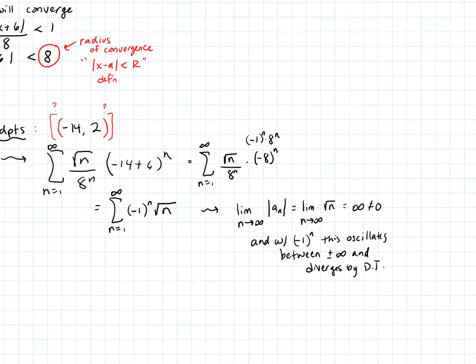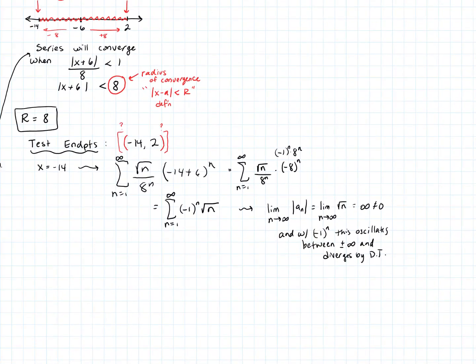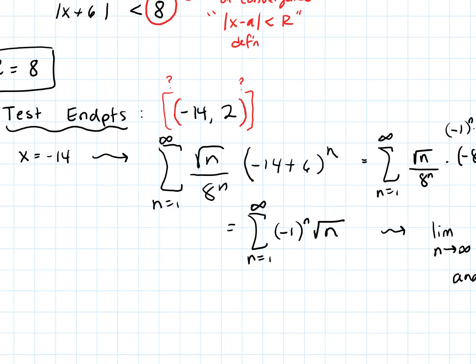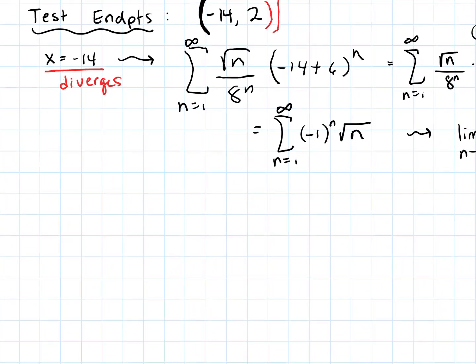So we're utilizing what we found in infinite series for our test here to show that this diverges. So what that means is I can now come back up to my interval of convergence, and this at -14 diverges. So I definitely do not want to include it. Now I can come back here where it had that red question mark. I can say this has to be an open interval at -14. I have to do the same thing at 2.